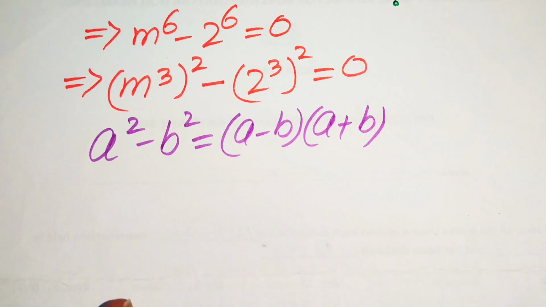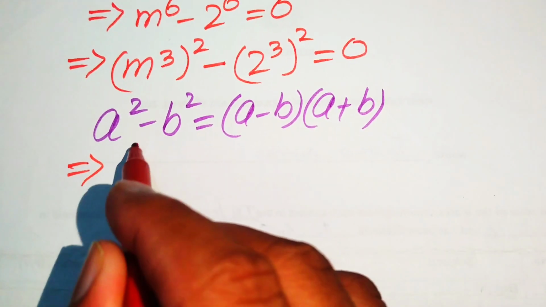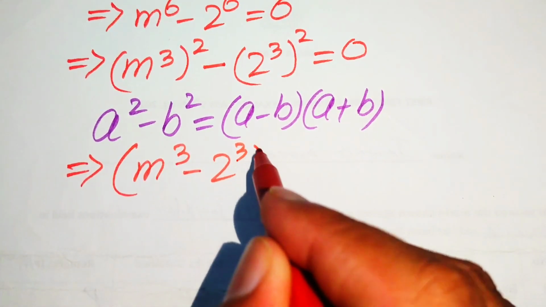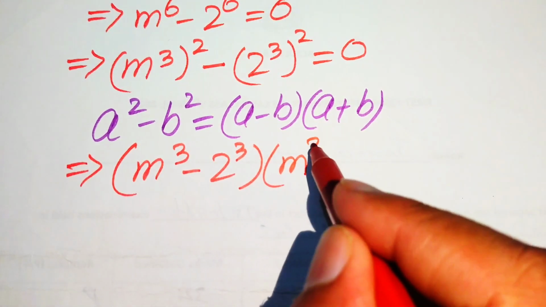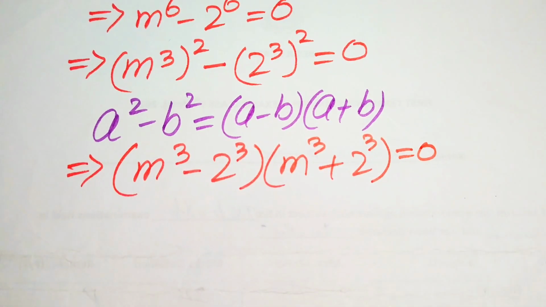Here we use this identity on the above equation, so that our equation is written as m cubed minus 2 cubed times m cubed plus 2 cubed equals 0.